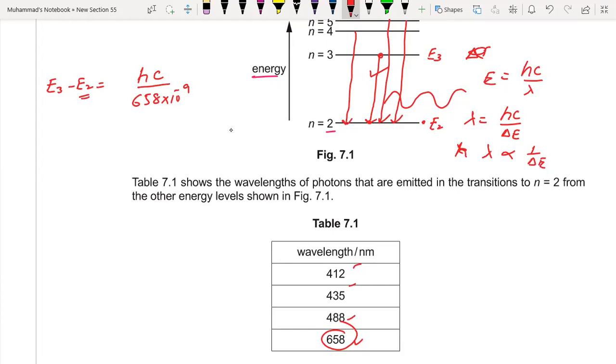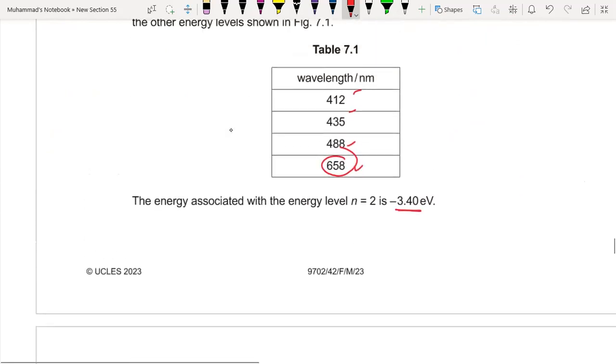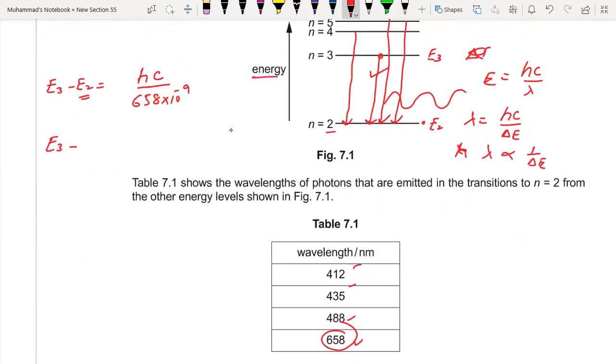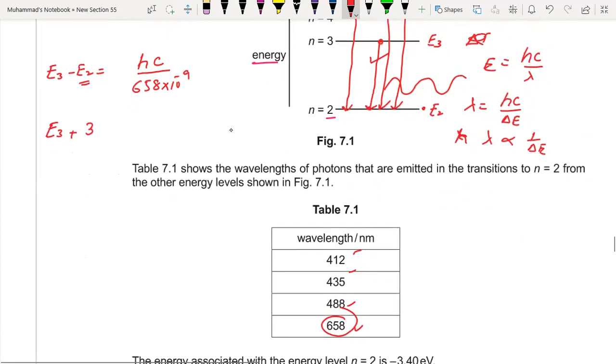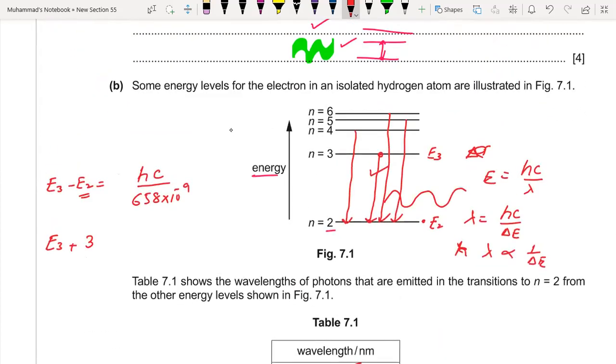We will convert that energy into joules, and we will find E3. So E3 minus E2, and this E2 is negative, so the two negative signs will make it positive, 3.4.